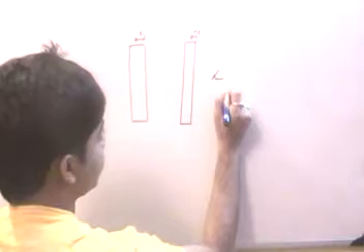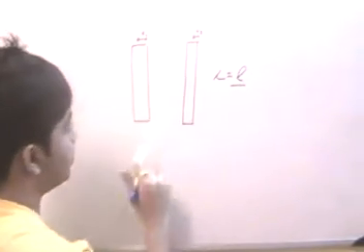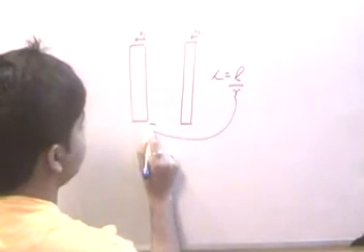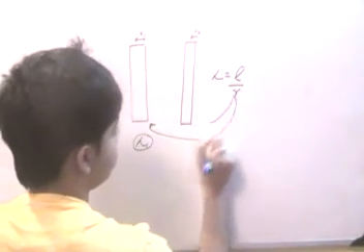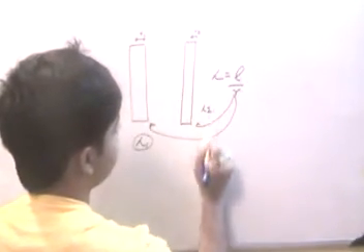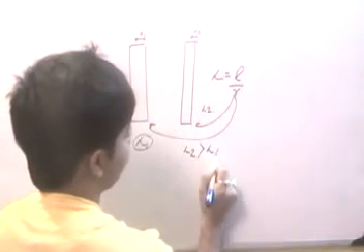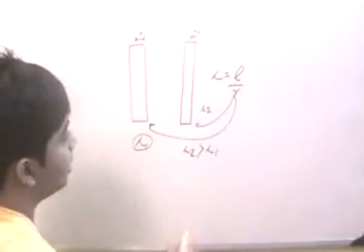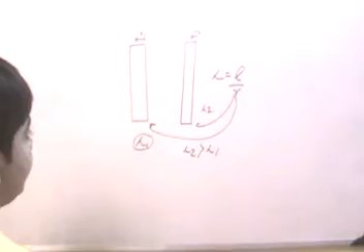Slenderness ratio lambda is defined as L by R, that is the length by the lateral dimension. So for this case, this is lambda 1, and for the other case this is lambda 2. It's a very obvious thing that lambda 2 will be greater than lambda 1, as radius R2 is lesser than radius R1, and as it is inversely related, lambda 2 must be greater than lambda 1.